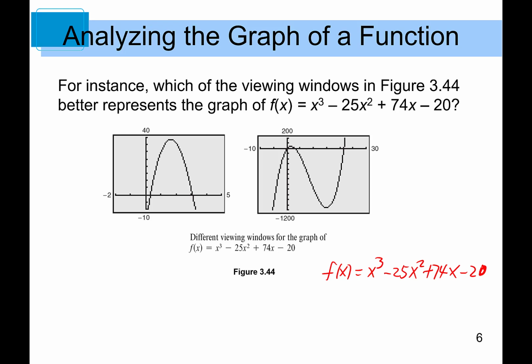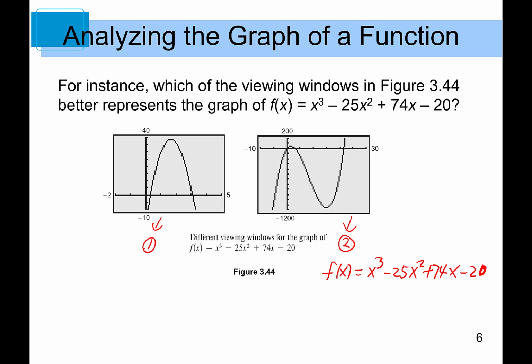If you look at these two graphs, graph number 1 and graph number 2, they look very different, right? And you wouldn't think they refer to the same function. But in this case, these are just two different viewing windows for the graph of the same function, f of x equals x cubed minus 25x squared plus 74x minus 20.